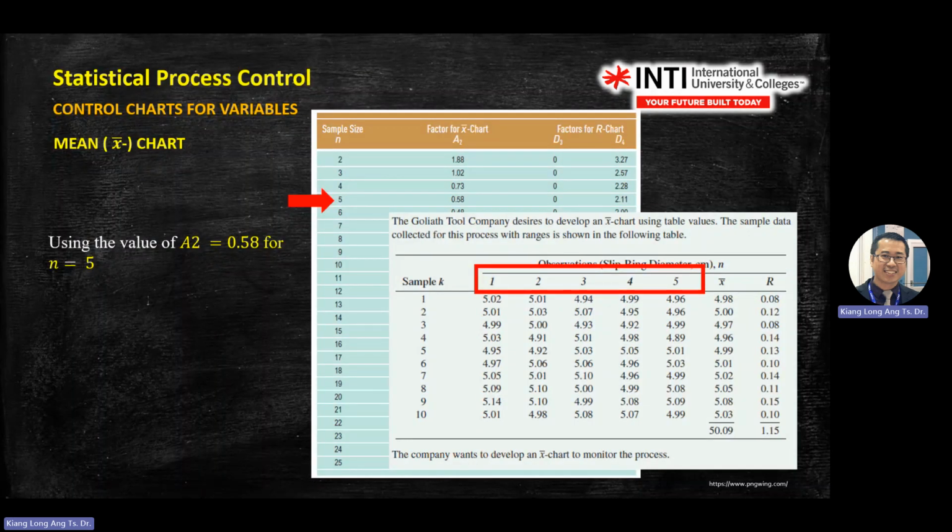You go back to the table, refer to the sample size of 5, then read the A2 number straight from the table. The A2 value is 0.58.